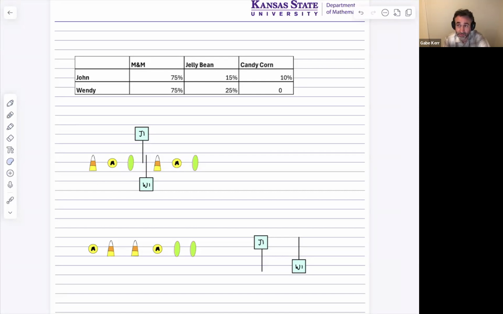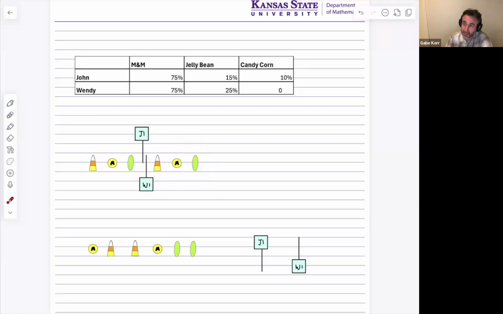So it's a split down the middle. It's fair. So in this case, again, it's a coin flip. John or Wendy would get one half, the other person would get the other half. And I don't know how you get it any more fair than that. They have the exact same division.